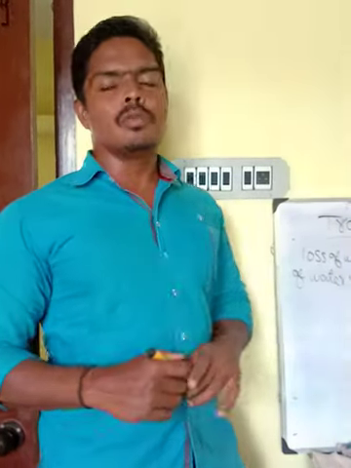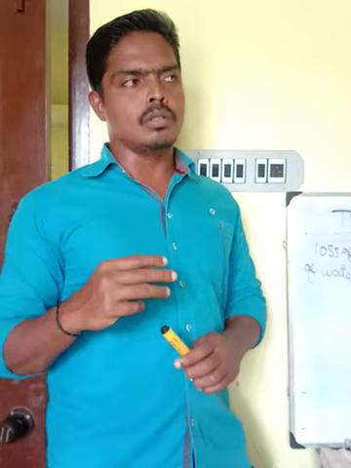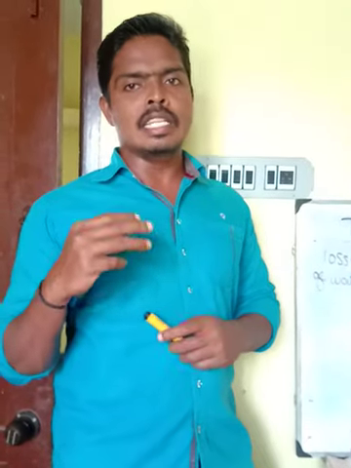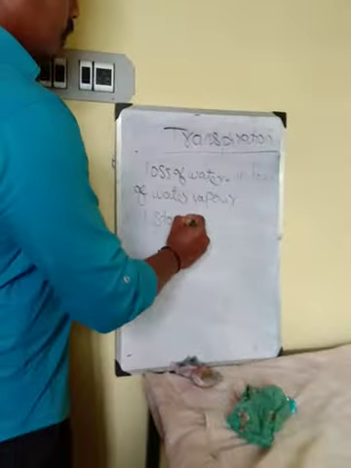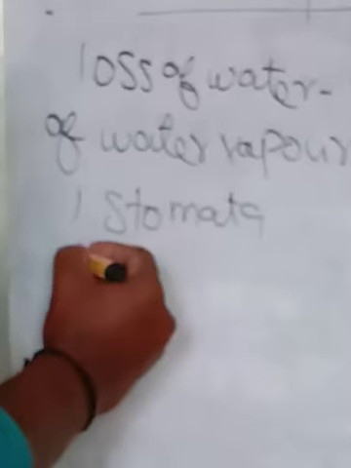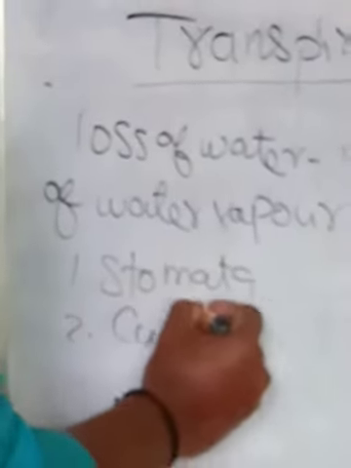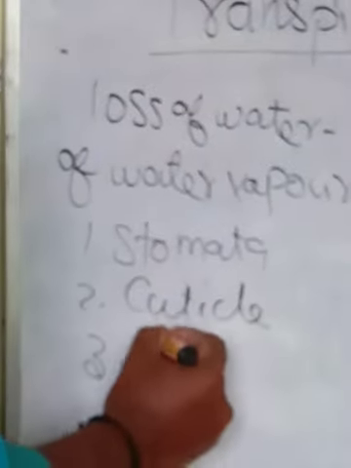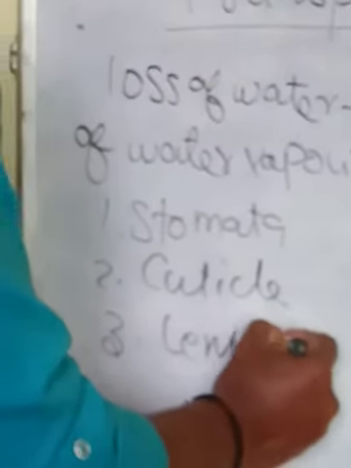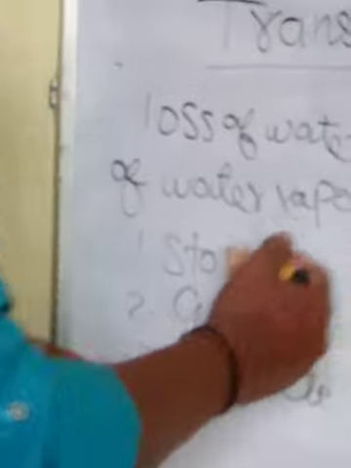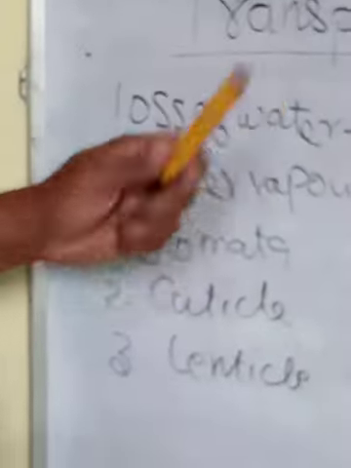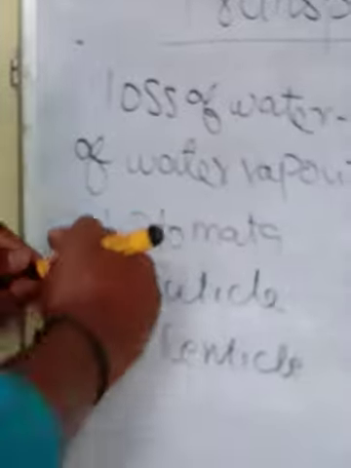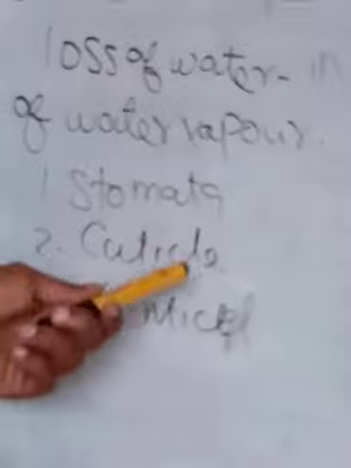Mainly this transpiration occurs in three ways. The first one is stomata, the second one is cuticle, and the third one is lenticel. So these are the three types of transpiration: stomatal, cuticular, and lenticular.